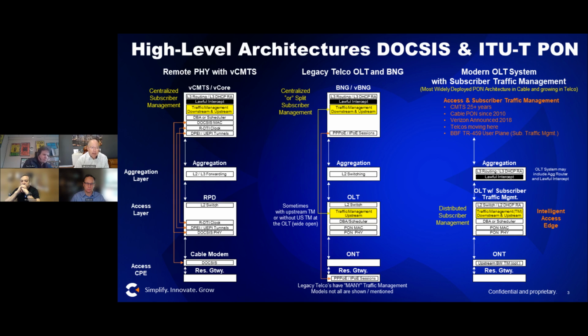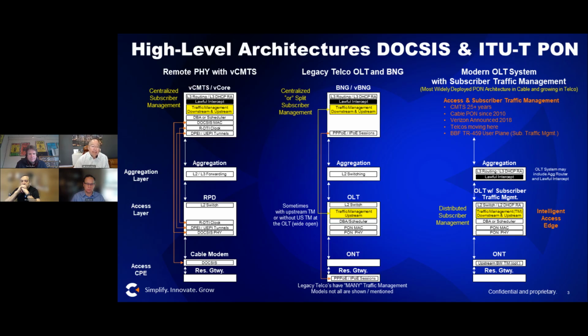If they would have kept the MAC together like a remote MAC PHY architecture, then that traffic management function could have moved down to the RMD. But in this particular example, we're showing what the industry is looking at, a remote PHY architecture. And essentially, with having the MAC up there, you had to do the traffic management in the cloud.